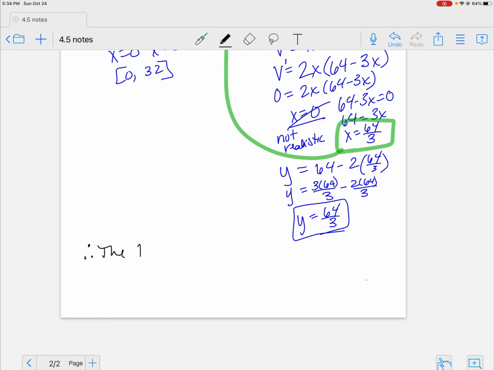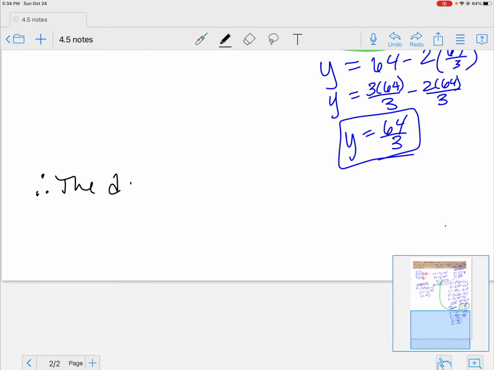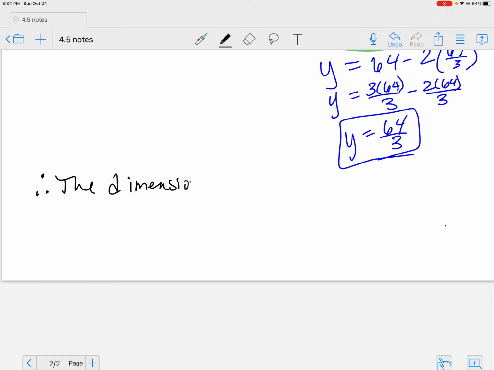Okay. So the other thing I'm looking at, so therefore, let's write our therefore statement. Therefore, the dimensions, let me make this bigger because I know it's hard for you guys to see that, especially on the video. The dimensions are 64 thirds inches by 64 thirds inches by 64 thirds inches, right?